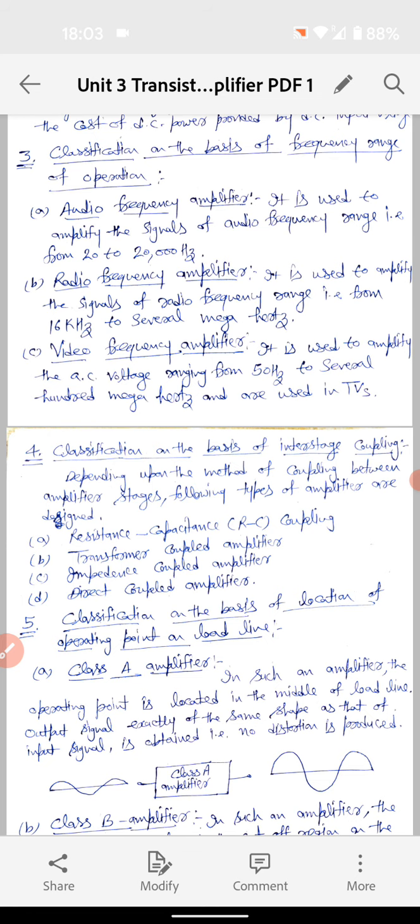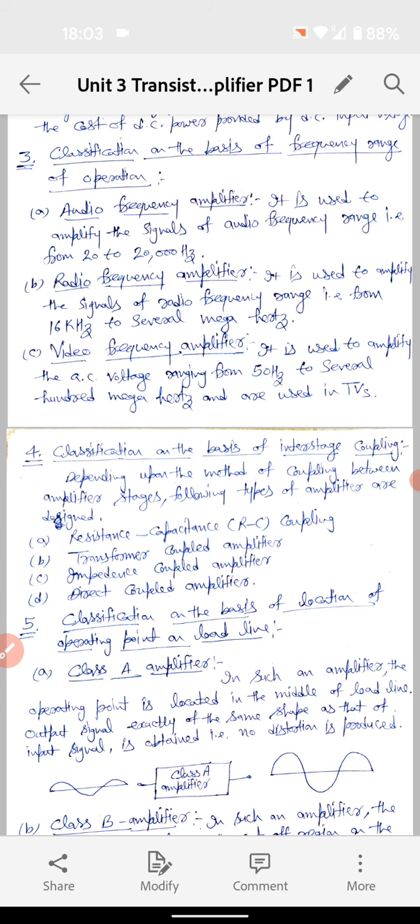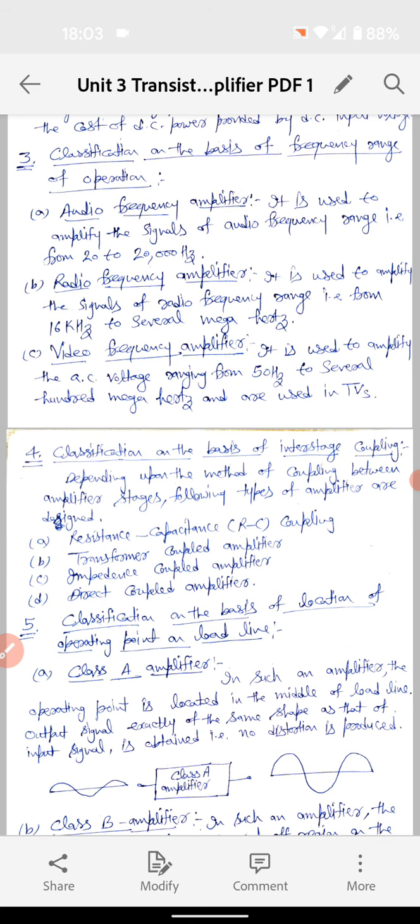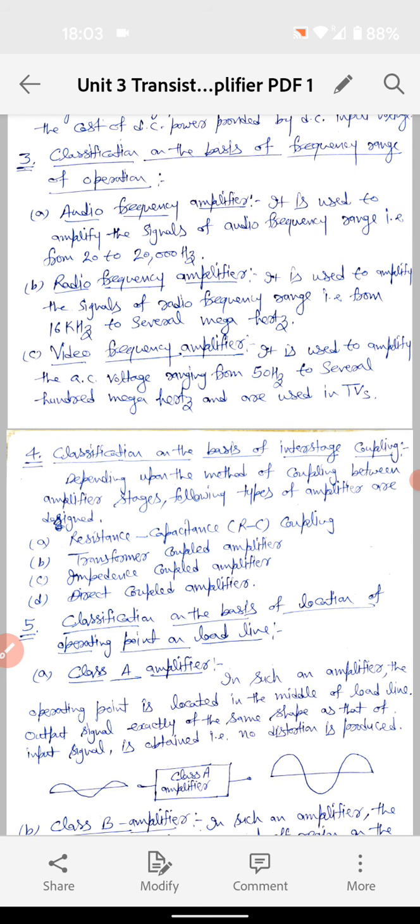So to increase that gain, we use multi-stage amplifiers, that means we use multiple amplifiers, cascaded. But to cascade those amplifiers we need some coupling components, and based on those coupling components which we use to connect two or more amplifiers together, we classify these amplifiers.